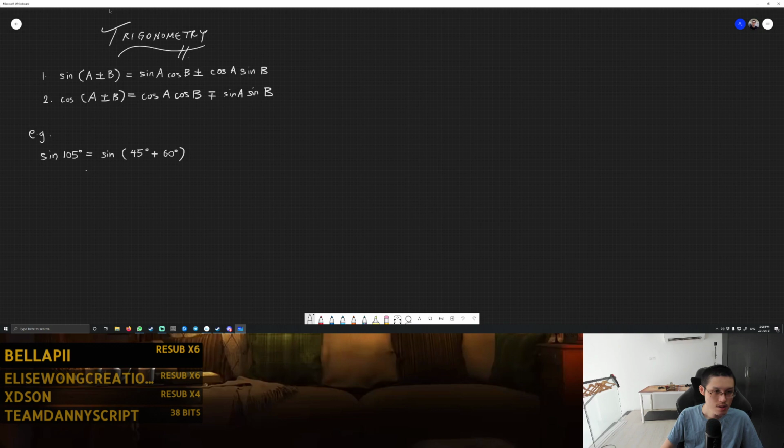So using the sine addition formula, we can write this as sine 45 cos 60 plus cos 45 sine 60. You get your calculator, put that in.